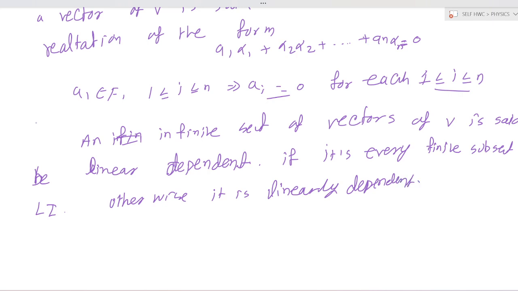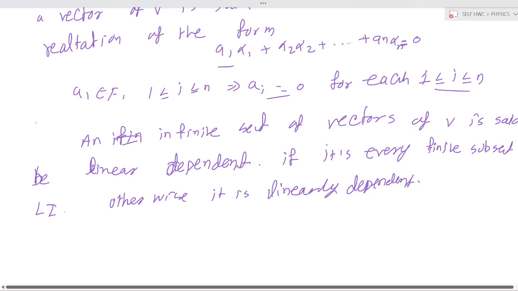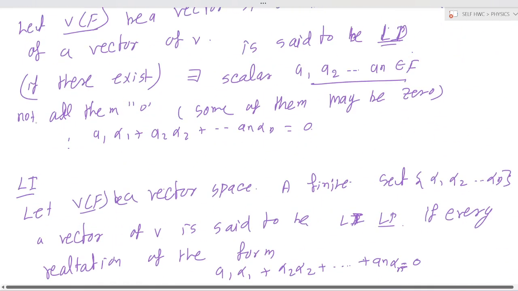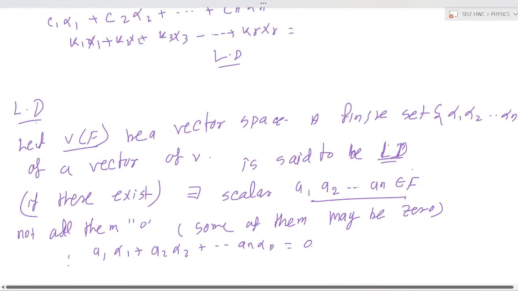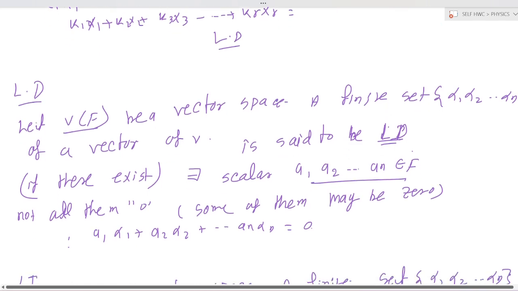Always remember: if all values a1, a2, dot, an, ai are equal to 0, it is linearly independent, but if not all values are 0, it is linearly dependent.